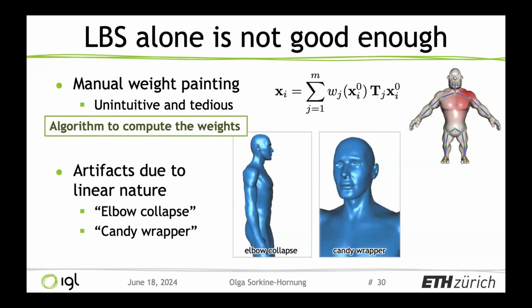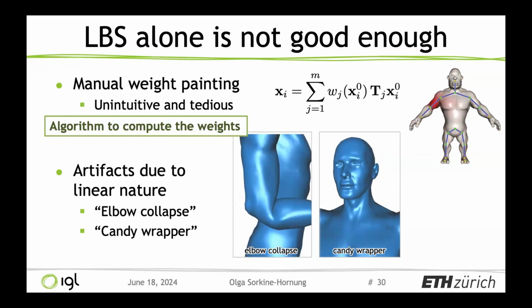And the other problem, it's maybe even more severe, I would say, and that's these artifacts that happen due to this linear formula. Sorry, somehow my video is not playing, but here you might see that in the elbow, there is this problem of it becoming very flat. And that's because when we're blending rotations that are very far away, so let's say 90 degrees and minus 90 degrees, if we're doing it linearly, we're getting 0, right?